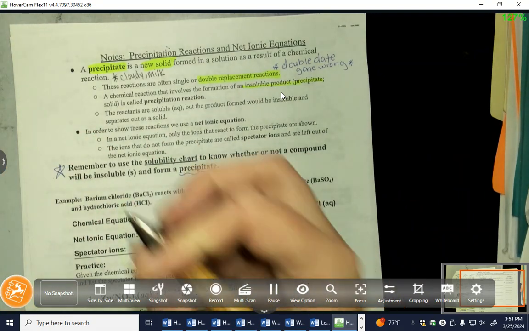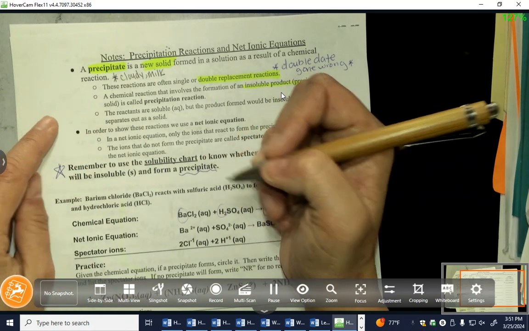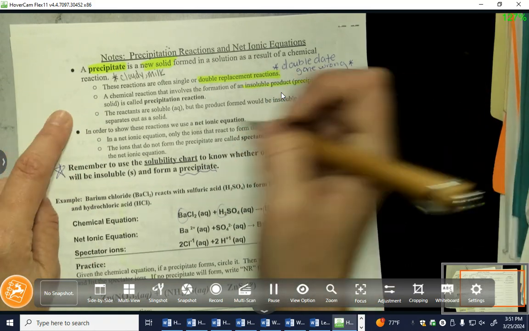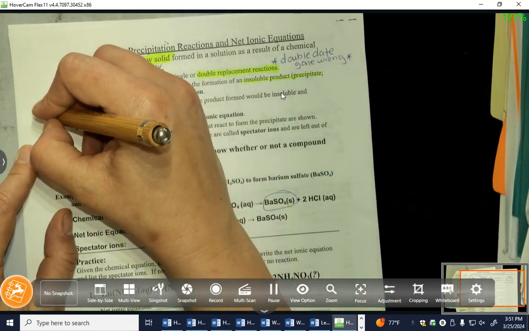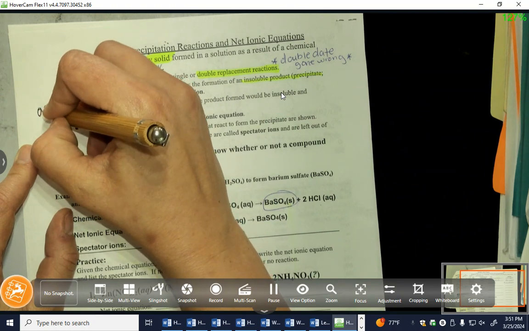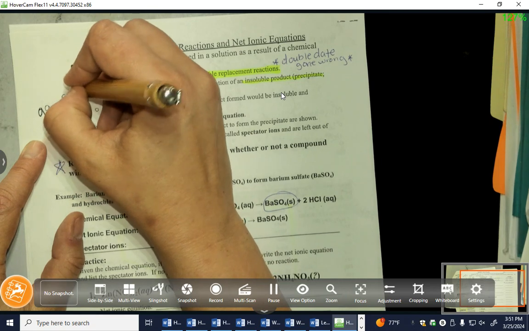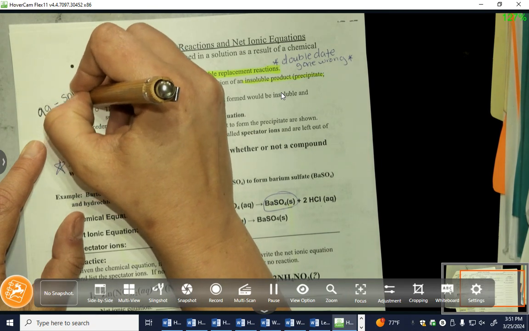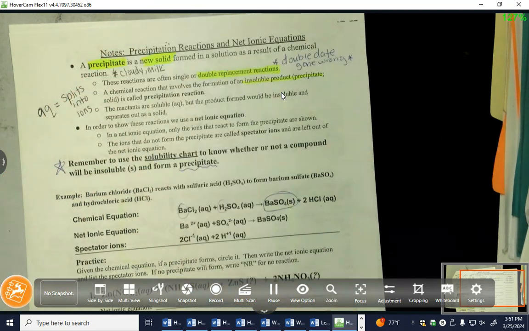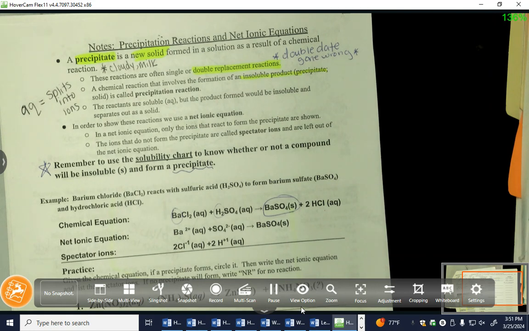So what I would like us to add to this right here, I just want you to add this little note. Put aqueous, and then put splits into ions. The reason that I want you to have that little note there is because I'm going to remind you what that actually looks like for us.